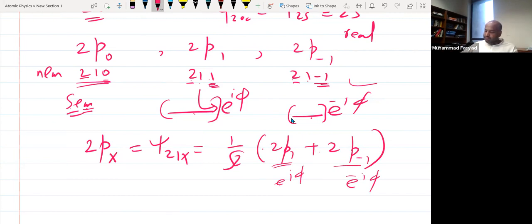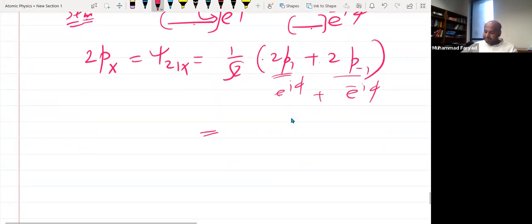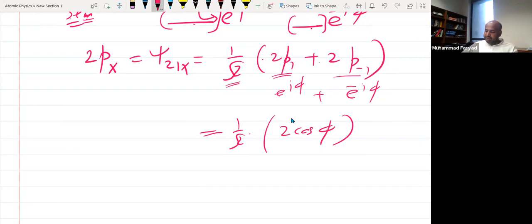So exponential i phi plus exponential minus i phi over root 2 will give me cosine, and this factor I have to put to keep it normalized. So this will give me 2 cosine phi, so everything into cosine phi.